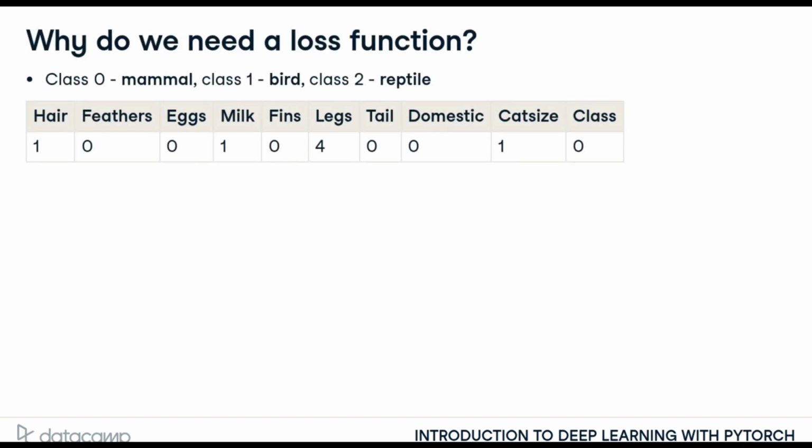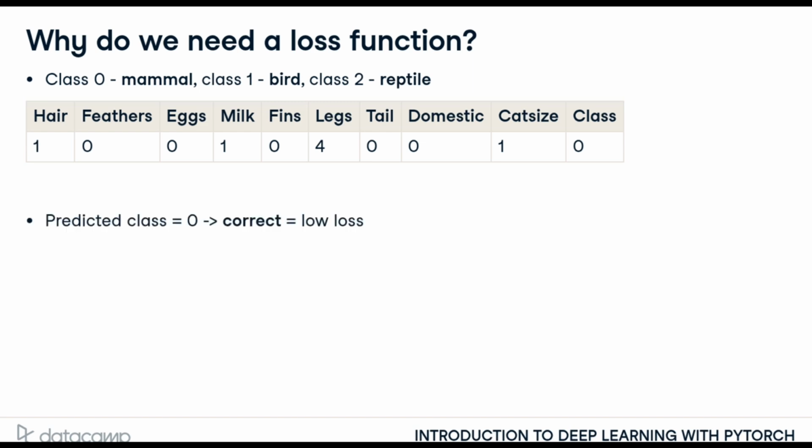Let's use our multi-class classification model that predicts whether an animal is a mammal, 0, bird, 1, or reptile, 2. Our dataset contains animal characteristics. This example is a bear. Therefore, the class is 0, mammal.